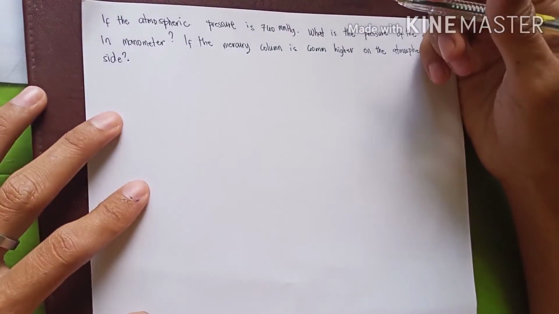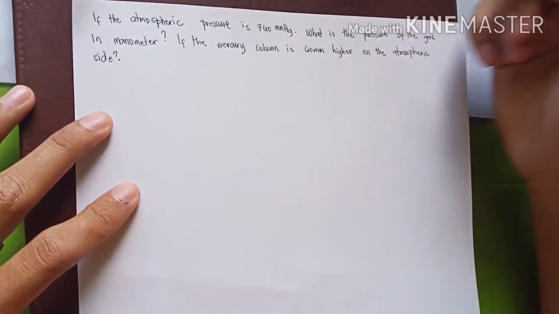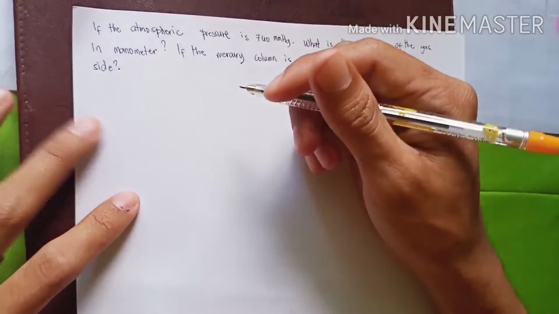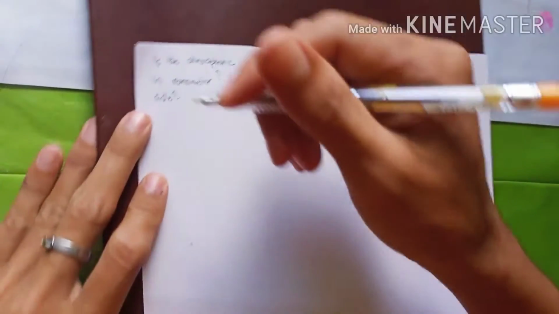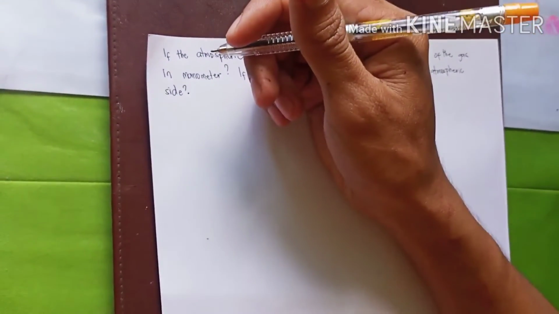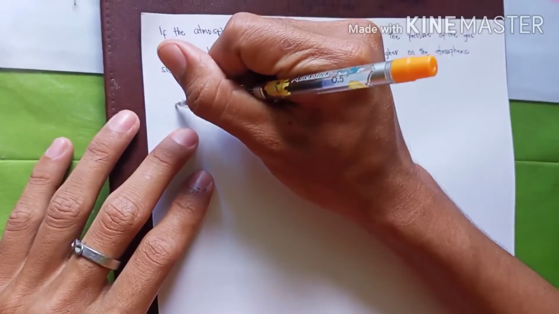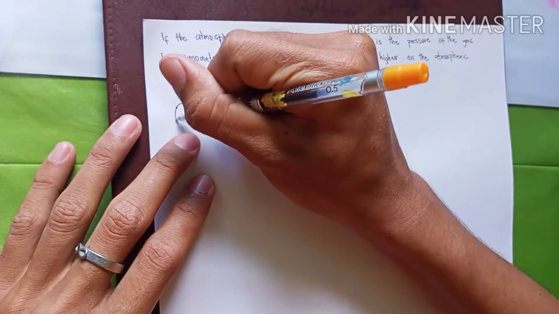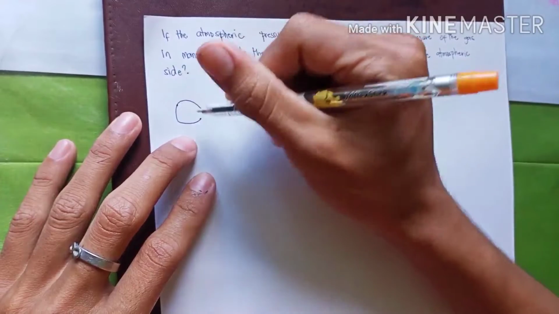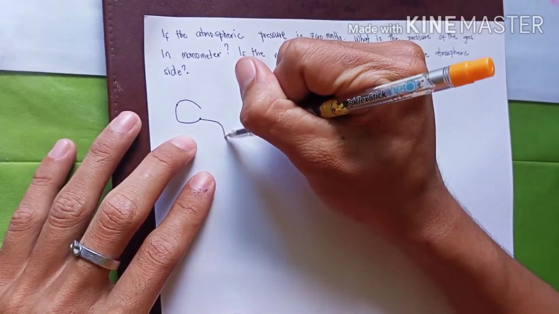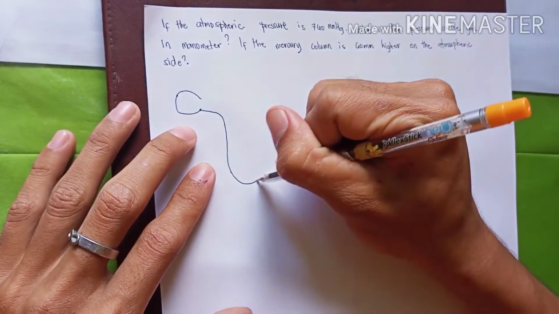If the mercury column is 60 millimeter higher on the atmospheric side, we're going to draw this one. We'll try to find out. Please be considerate of my drawing.